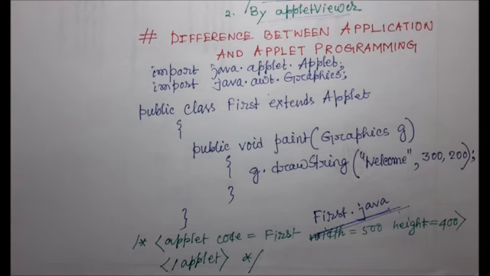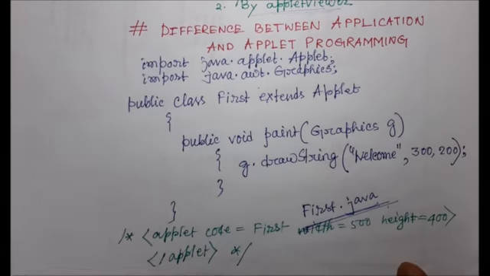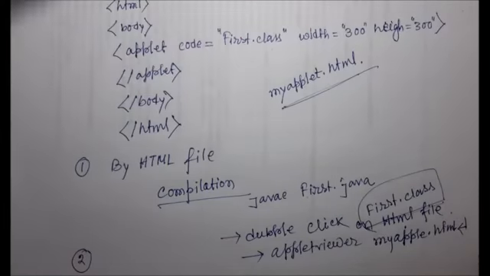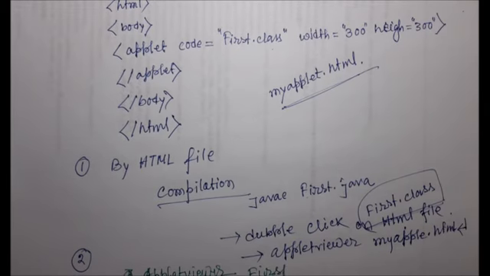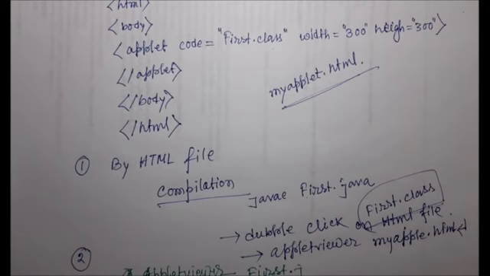After that, I can run this file after compilation. First we have to compile, then I can run this file by writing appletviewer, then the name of the file, first.java.